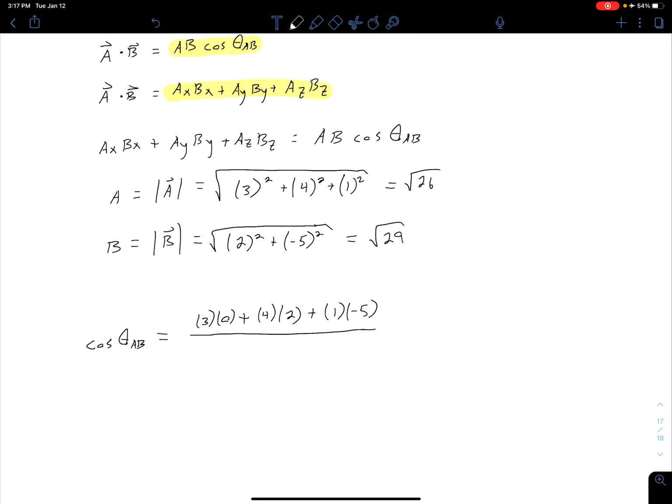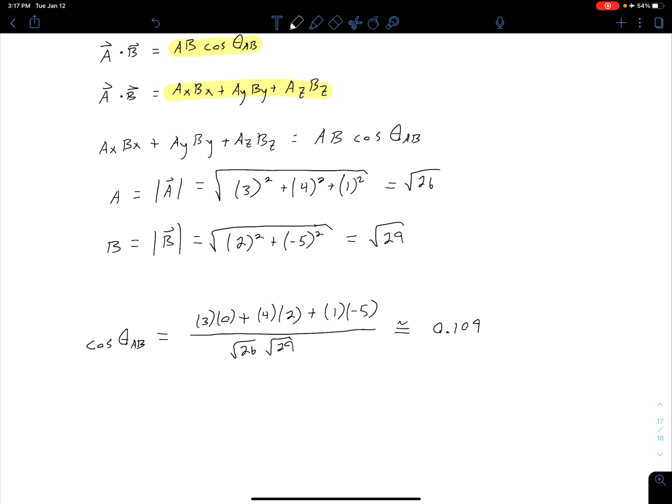Now in the denominator, we're going to have our two magnitudes, A and B, which we found earlier. So that's going to be square root of 26 times the square root of 29. If we plug all of that in, we get that it's approximately 0.109.